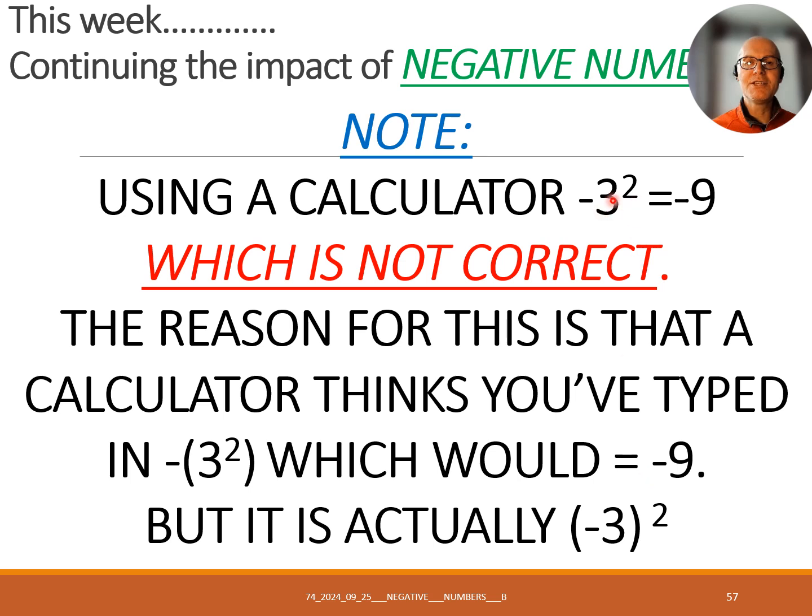But negative 3 squared is actually negative 3 in brackets all squared. So just be careful when you're using a calculator. Calculators are good, but they're not perfect. Don't get caught squaring a negative number on a calculator and getting a negative answer. A negative number squared is always a positive answer.